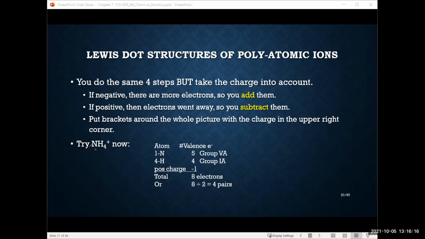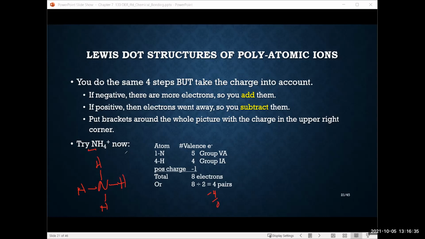Nitrogen is a central atom, so we can very quickly write nitrogen, and then there's 4 hydrogens, so we can quickly just do this. And guess what? That took care of 4 pair. We have 4 pair, and we're done, okay?